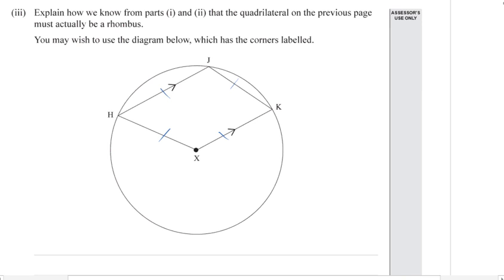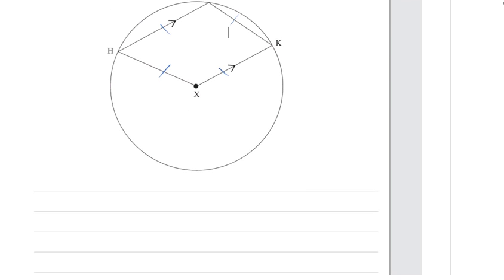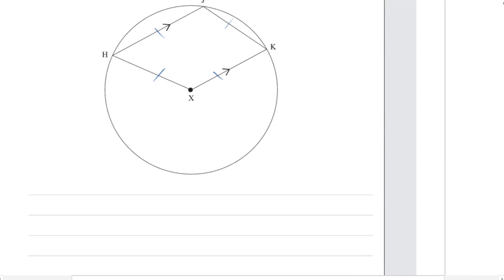A square is a type of rhombus, but a rhombus is not necessarily a square. So is that just a special rhombus? No, it's just a normal rhombus.